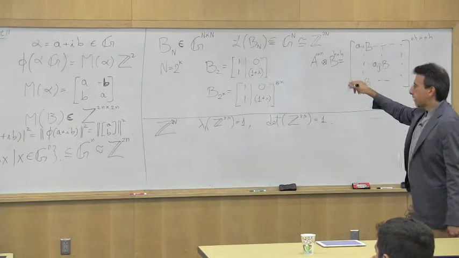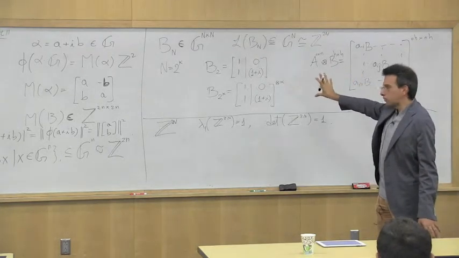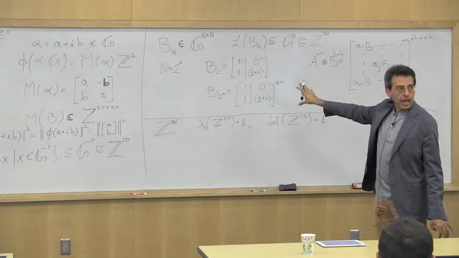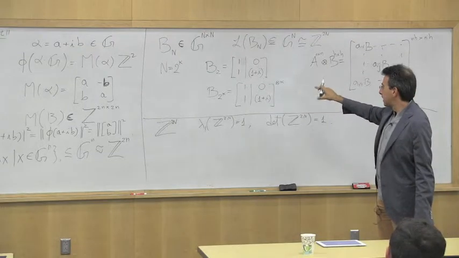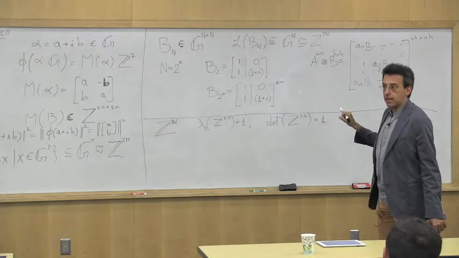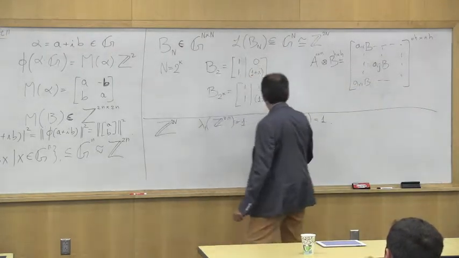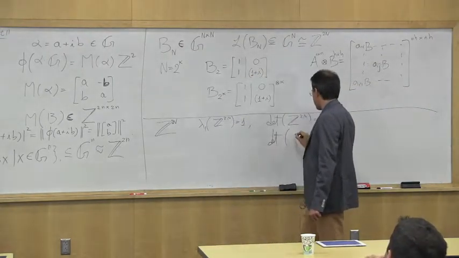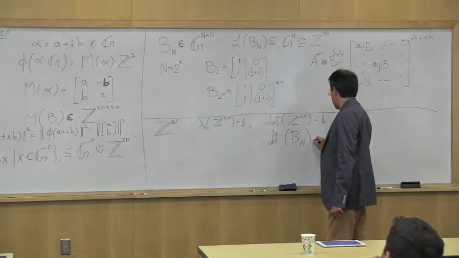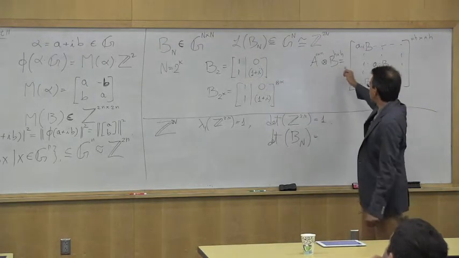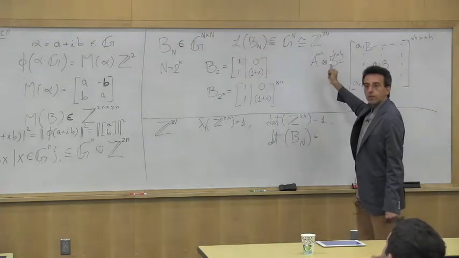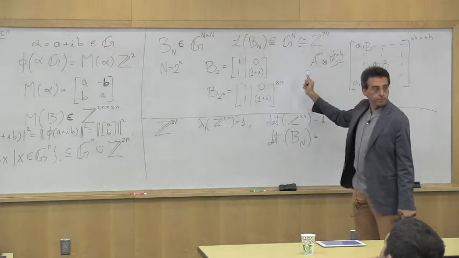Now, how do we compare? It's fairly easy to compute both the determinant and the minimum distance of these lattices. In particular, the determinant of the Barnes-Wall lattice: the determinant gets multiplied when you take tensor products.